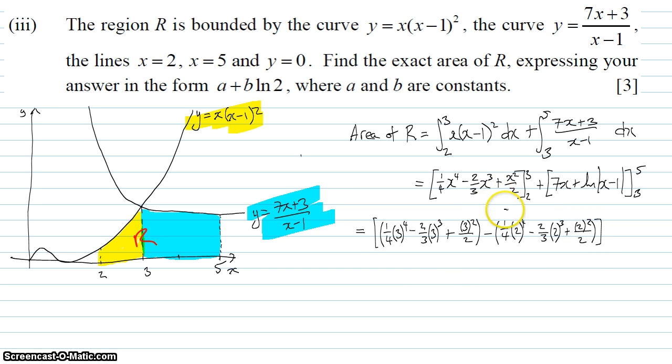So that's the first one. Add on 7 times 5 plus ln of 5 minus 1, minus 7 times 3 plus ln of 3 minus 1.